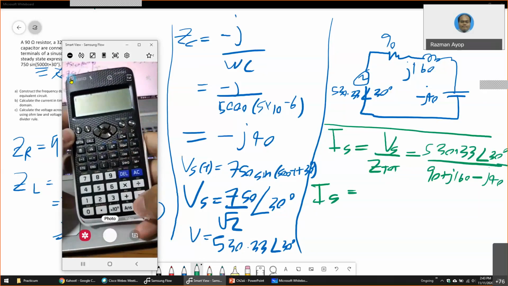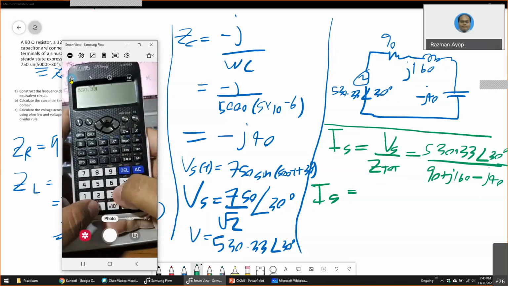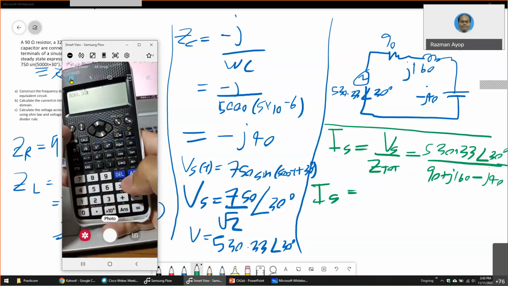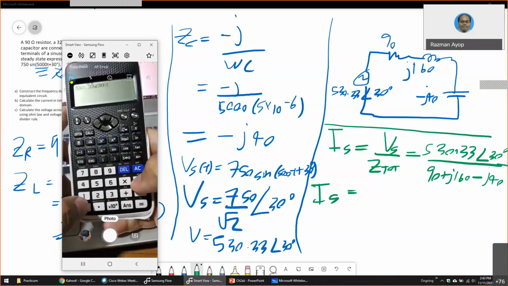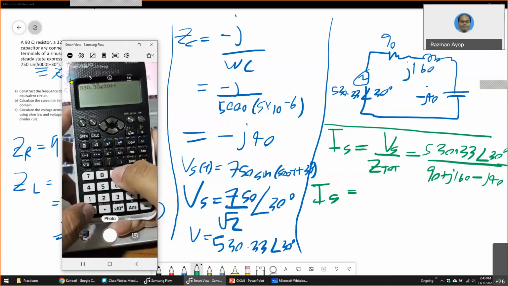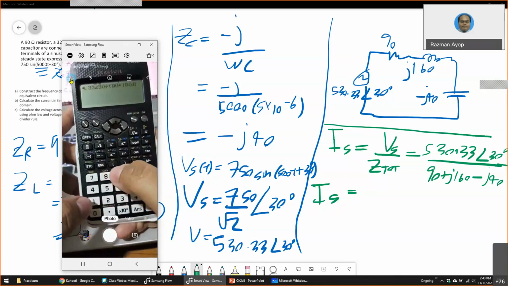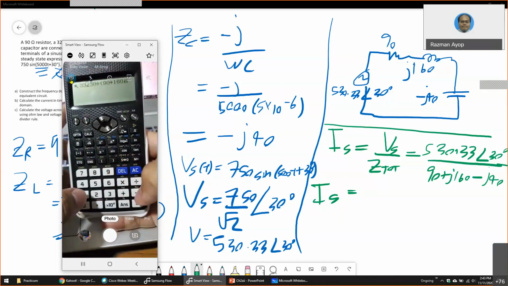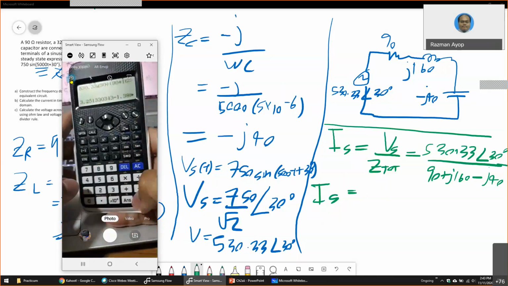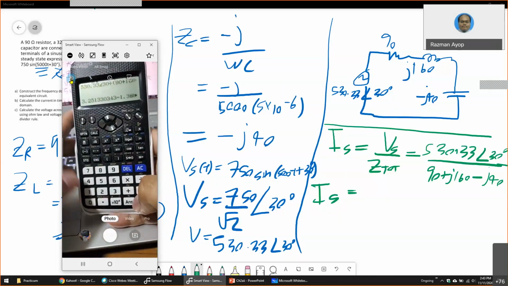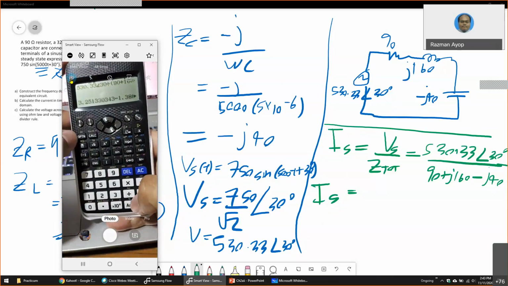So 530.33, shift ENG 30, divide by, don't forget to open bracket, 90 plus 160 J minus 40 J, equals. Remember that for current or voltage, you need to show the answer in polar form.